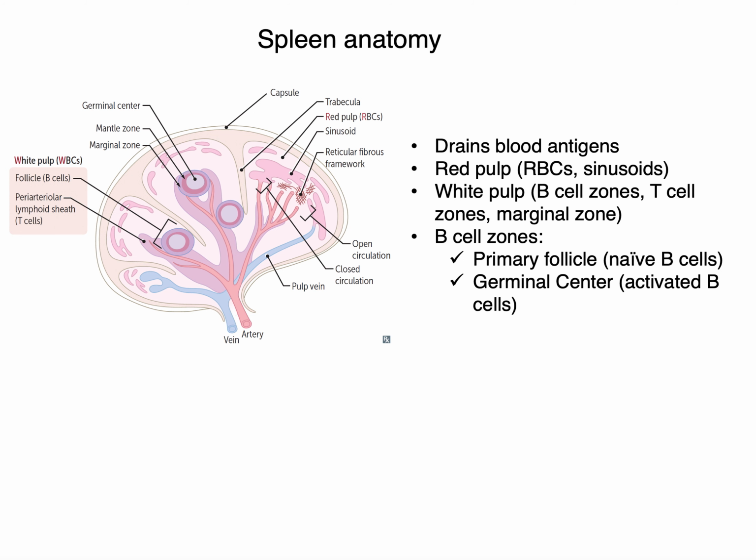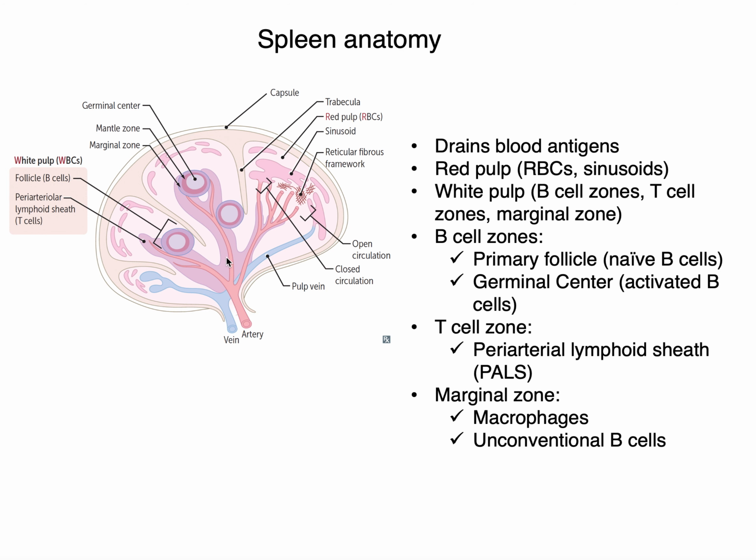Now, the B cell zones include primary follicles, just like the lymph node, and germinal centers of activated B cells, just like the lymph node. The T cell zone of the spleen is different. It's called the periarterial lymphoid sheath, or PALS, and it's this sheath of cells that surrounds these arterioles within the spleen.